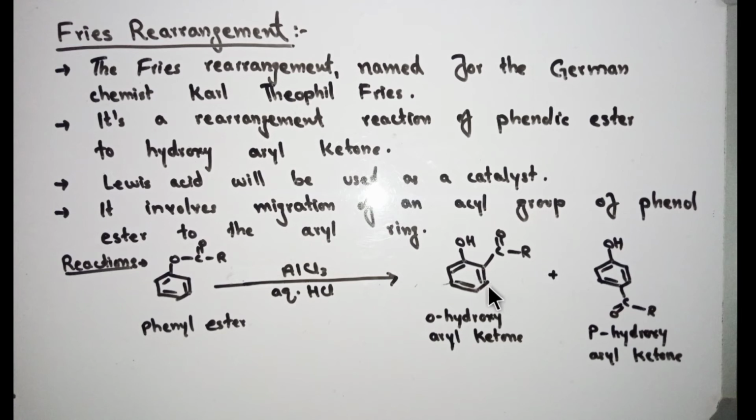Because in this case the OH group is an electron donating group. When there is an electron donating group, the negative charge on the ortho and para positions will be greater, while the positive charge on the meta position will be greater.